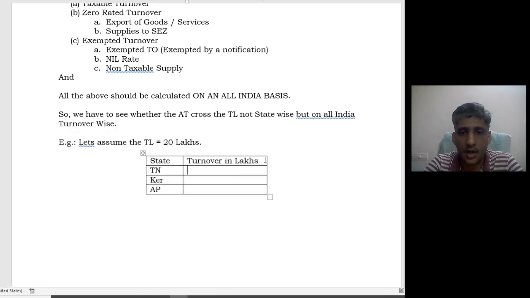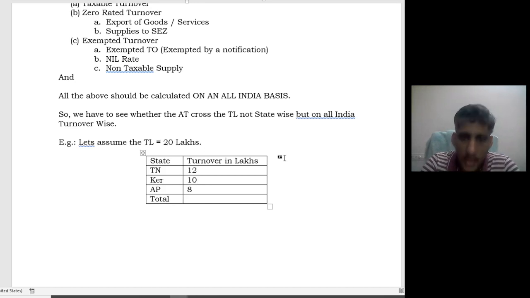My turnover in Tamil Nadu is, let's say, 12 lakhs. Kerala is 10. Andhra is 8. Then my total is 30.